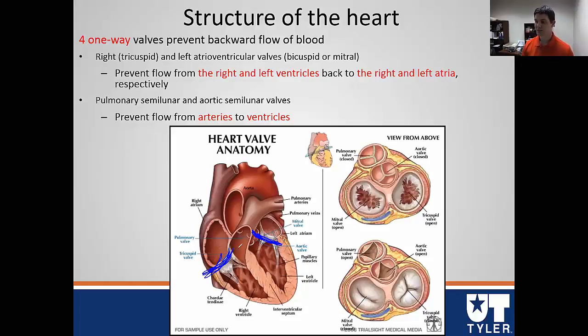We also need valves to be able to block up blood flow in the arteries in order to build up pressure. The valves that do this are first the pulmonary valve, which is here, which blocks the ventricle from the pulmonary artery. And then we have the mitral valve or the aortic semilunar valve, either way you look at it.